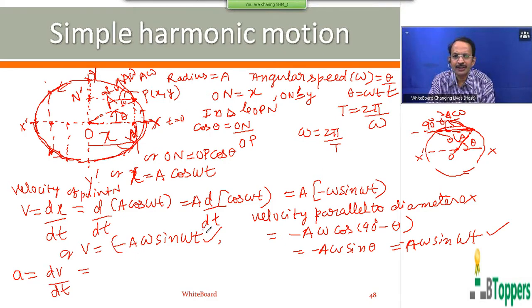We can write v equal to minus a omega into sin omega t. Because a omega is a constant, you can put it outside the derivative symbol: minus a omega into d by dt of sin omega t. d by dt of sin omega t can be written as omega into cos omega t.